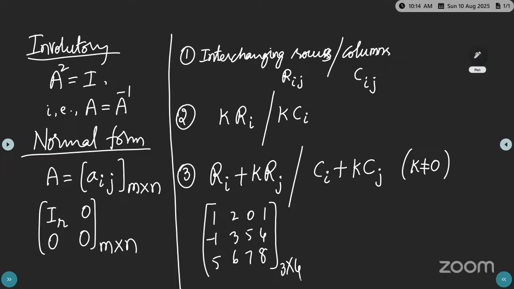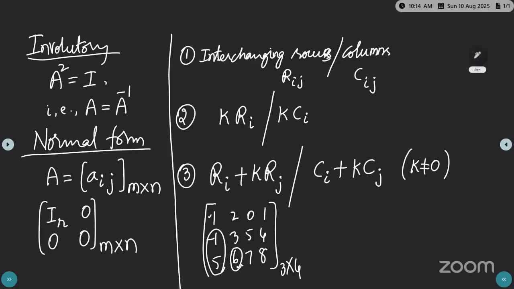By using row transformations, use the first row elements to make these two zeros. In the second step, make this one 0 using the second row elements. That will be the row reduced echelon form.